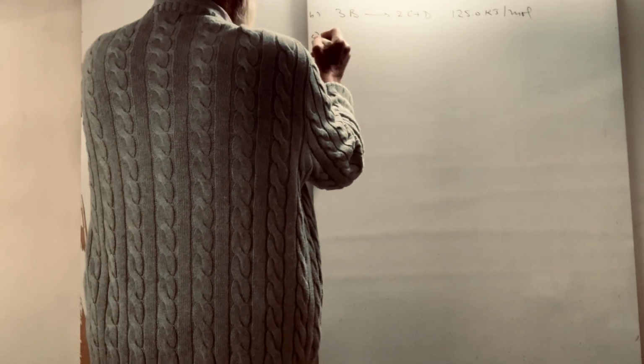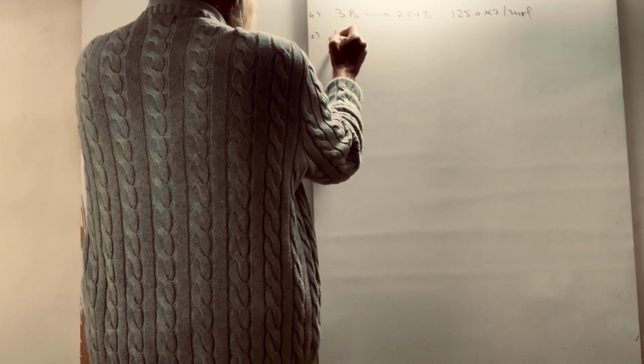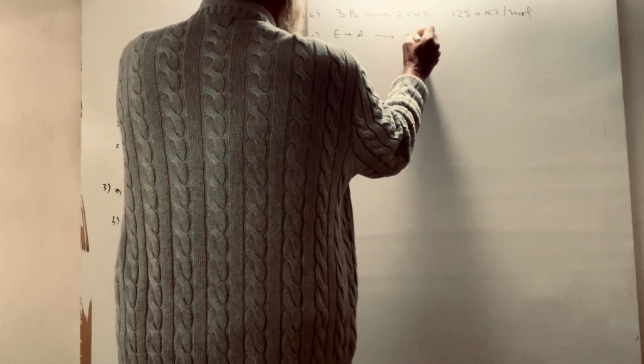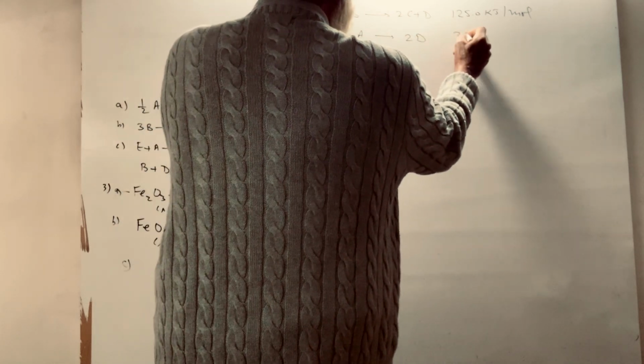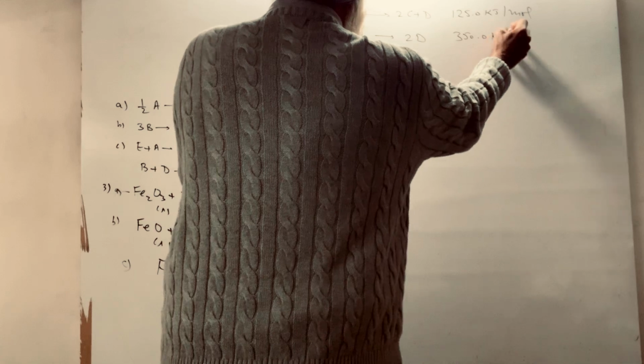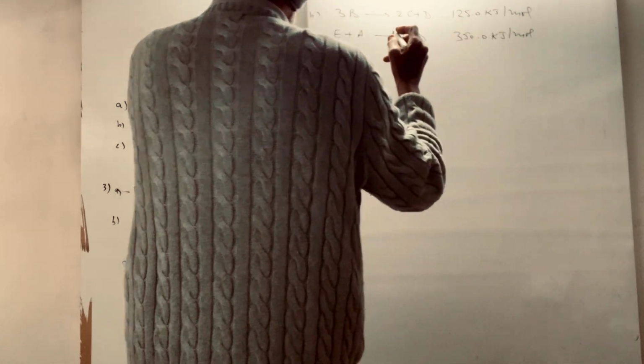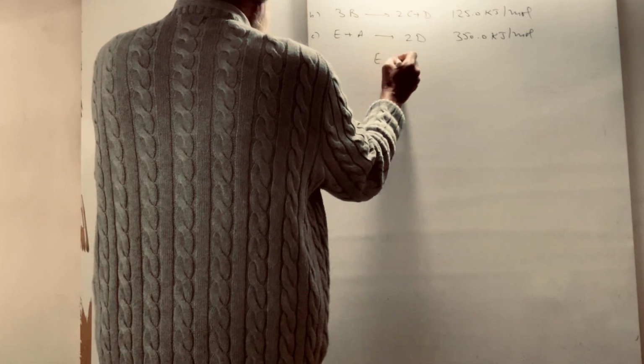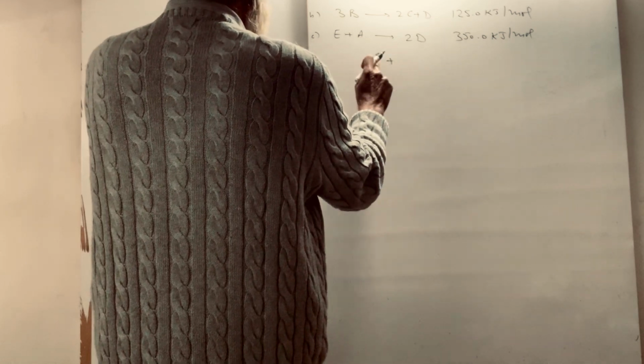The third equation is E plus 2A is equal to 2D, here it is 350 kilojoule per mole. And what we are supposed to calculate is E plus A.